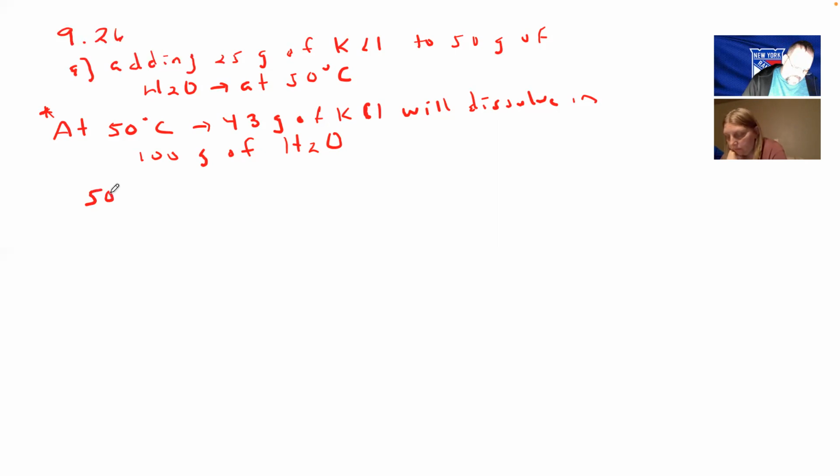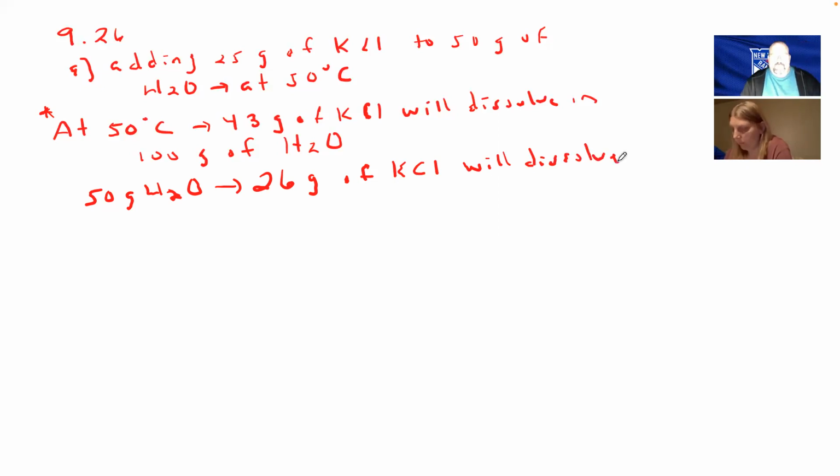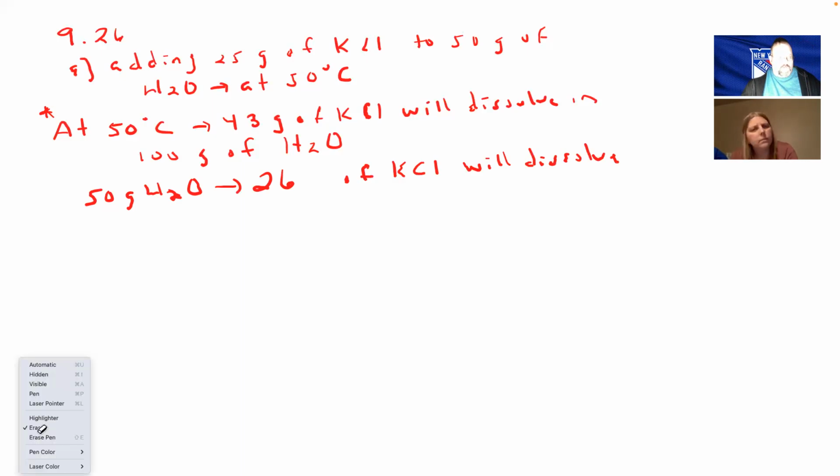But if I have only 50 grams of water, which is half the amount of 100, then only half the amount of the potassium chloride will dissolve.